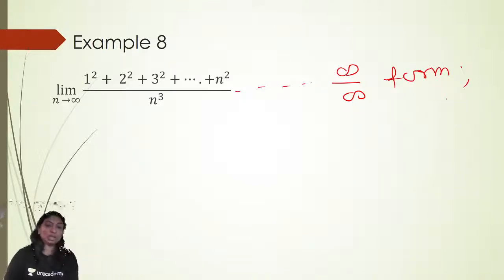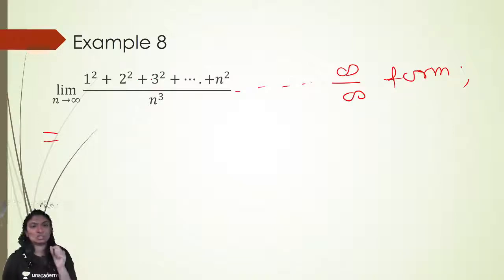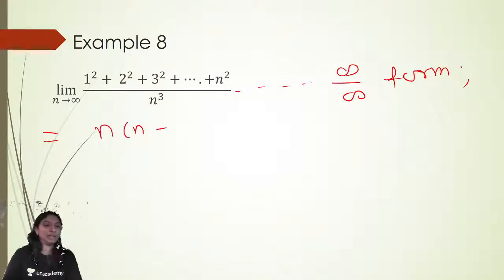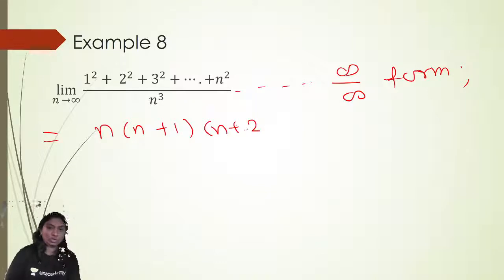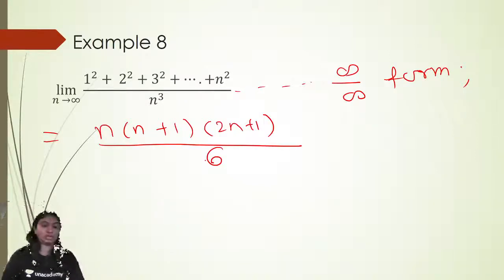Now here 1 square plus 2 square plus 3 square. So first what we will do, we will expand this, 1 square plus 2 square plus 3 square plus and so on n square. We know that the sum of squares of first n natural numbers is equal to n into n plus 1 into 2n plus 1 upon 6, upon n cube.